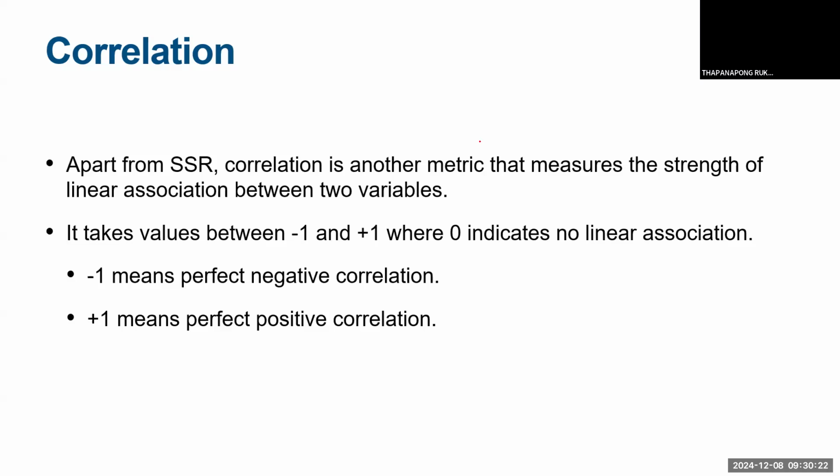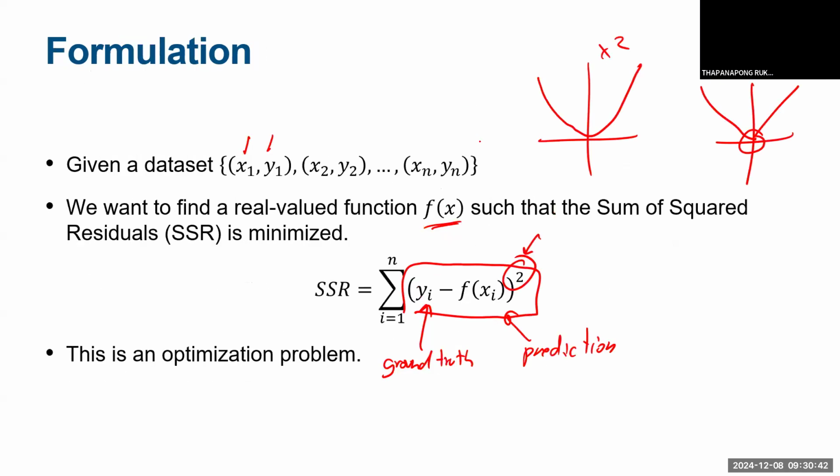Now, apart from SSR, we can use correlation, another method to measure the extent of the association. Because when we use SSR, it's going to be one answer.